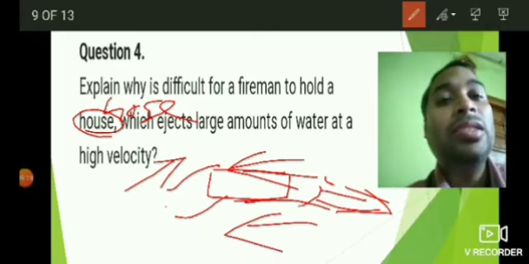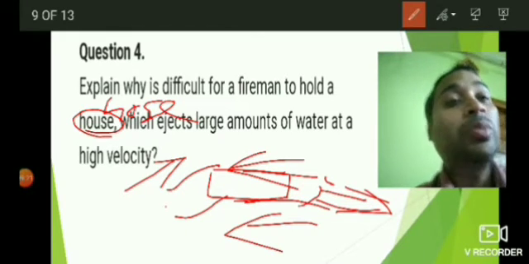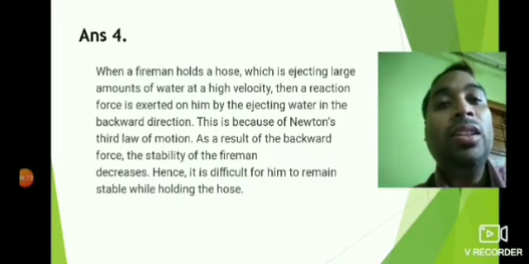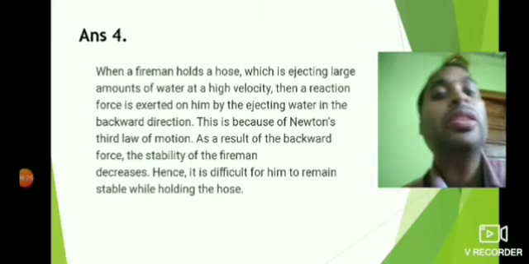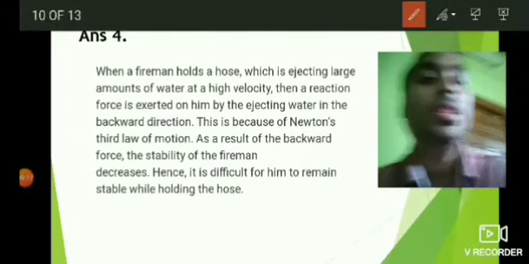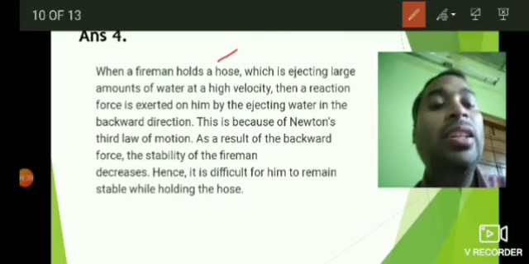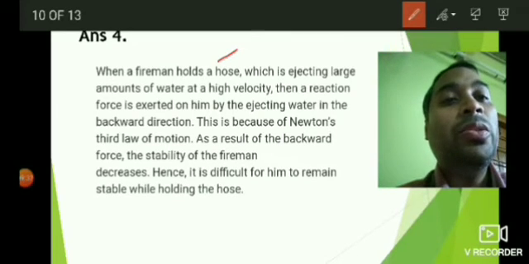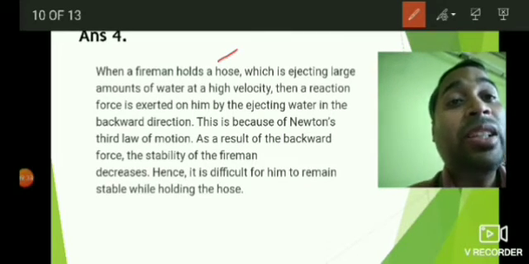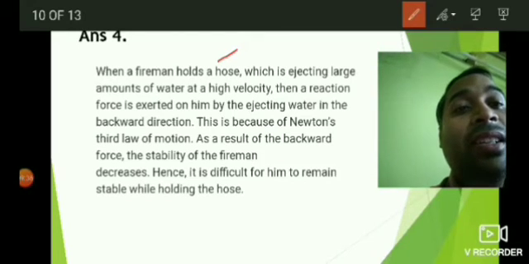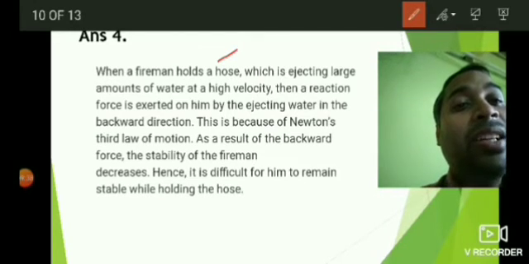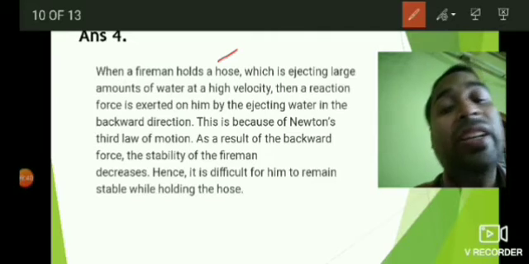So when a fireman holds a hose, here it is written correctly, H-O-S-E, which is ejecting large amounts of water at high velocity, then a reaction force is exerted on him by the ejecting water in the backward direction.